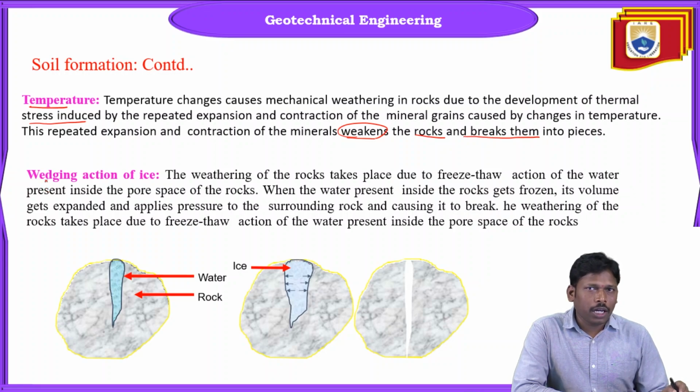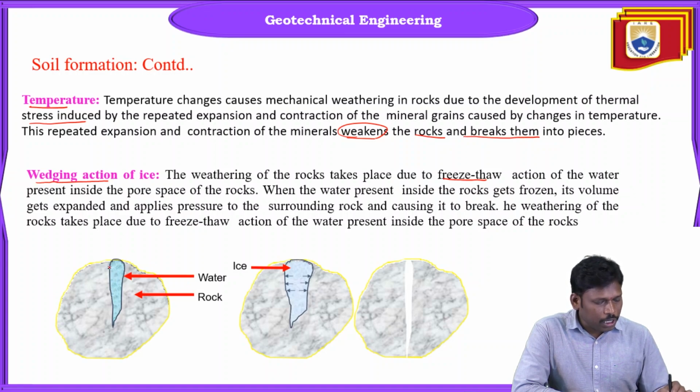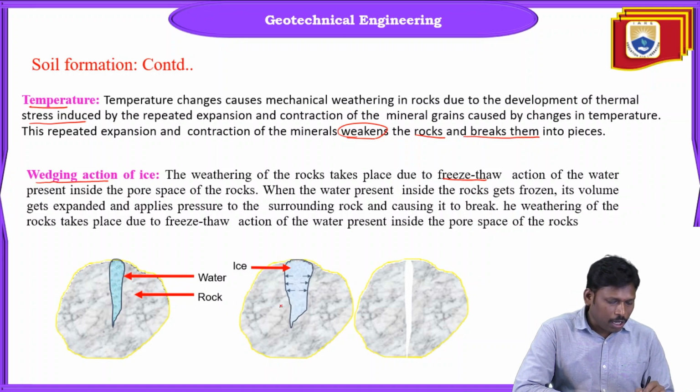Another agent responsible for the formation of soil through mechanical weathering is the wedging action of ice. We will see this wedging action in detail. The weathering of rocks takes place due to the freeze-thaw action of the water present inside the pore space. If you take this rock sample, this is the water, and in another case, this is the ice formed inside the rock fragment.